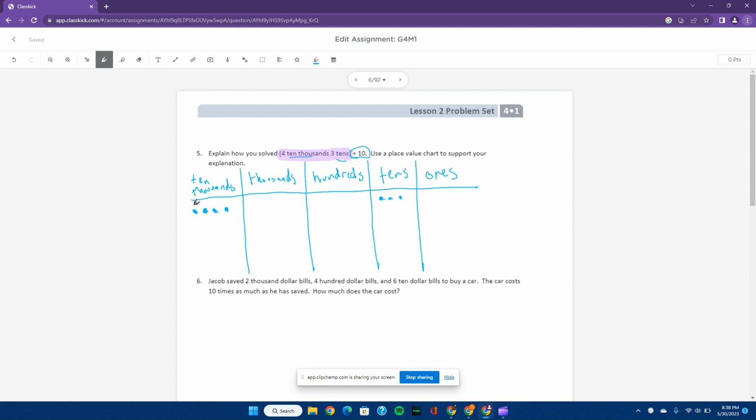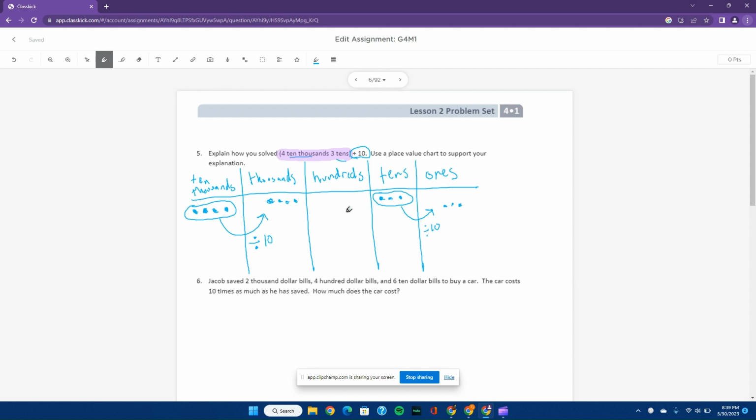So rather than moving to the next largest place value, when I divide by 10, we shift over to the next smallest place value. So 4 10,000s, when I divide it by 10, becomes 4,000s. Same thing over here with my tens. When I divide these 3 10s by 10, they turn into 3 ones.